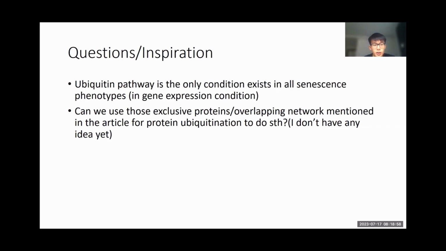The article also points out that those exclusive proteins and the overlapping network exist in the ubiquitin pathway. They point out a lot of proteins, but meanwhile they haven't really understood all the proteins and how they are involved in those pathways. And yeah, maybe I can use them as markers, or I don't know. I don't have any idea yet.